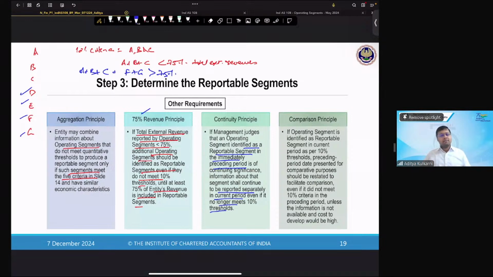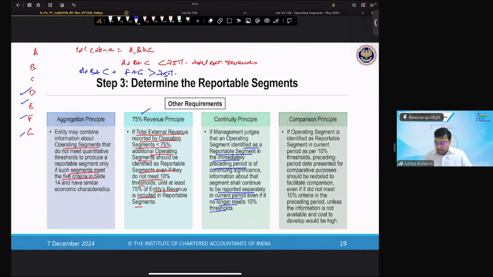Current year, the criteria is not met, so it is non-reportable. So continuity would be lost, since it was there last year and not this year. If you want to maintain continuity and management believes it is of continuing significance, then you continue to report it even though it does not meet the 10% criteria or the 75%.